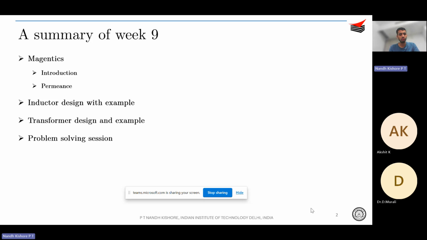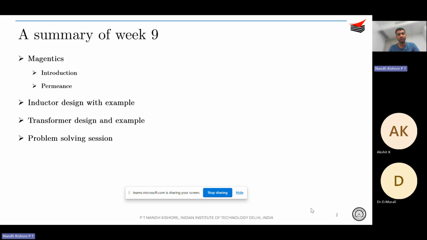The second step was, of course, you need to know the number of turns for the inductor, or in case of transformer for the primary side and the secondary side. For that, you went through the process of determining the area product required so that you may choose an appropriate core based on that. You studied that area product is equal to the product of your window area and the cross-sectional area of your core, that is Aw into Ac.